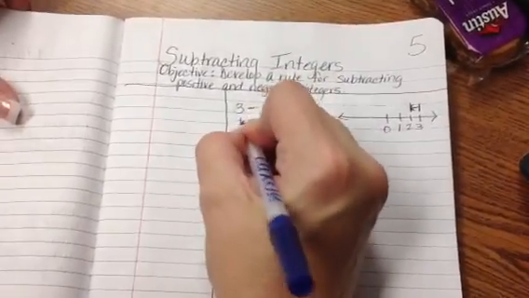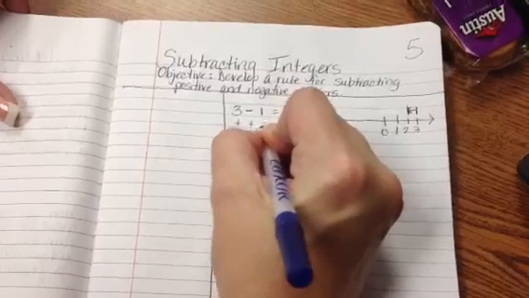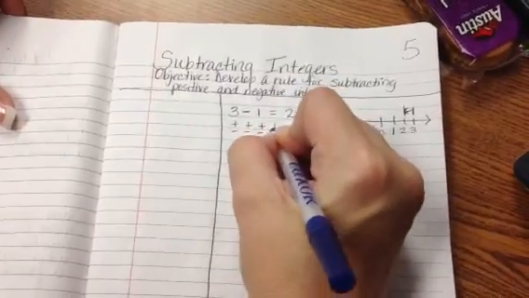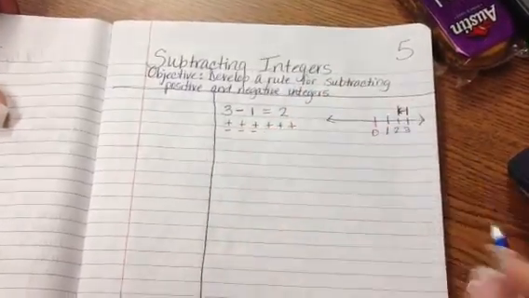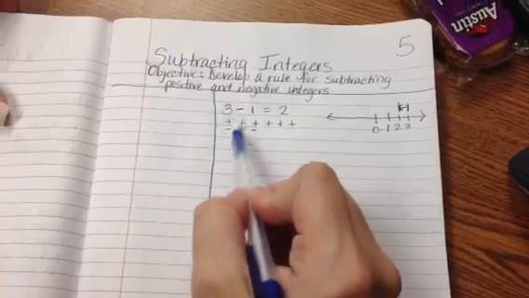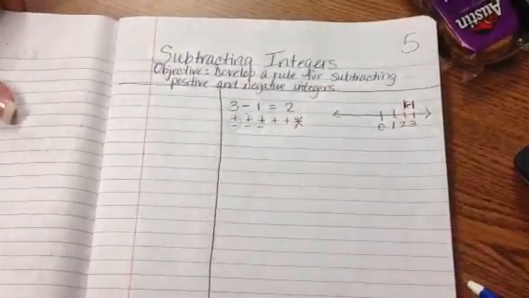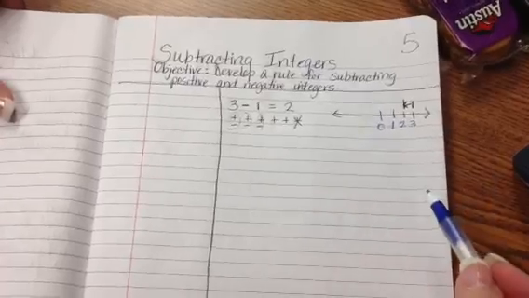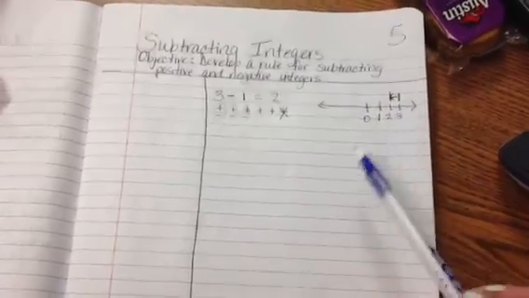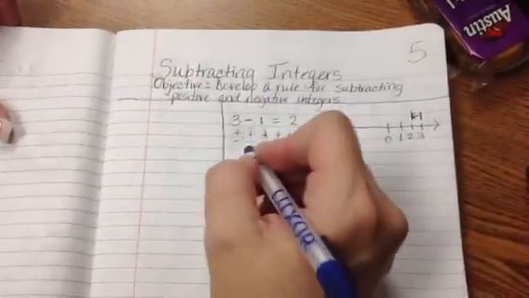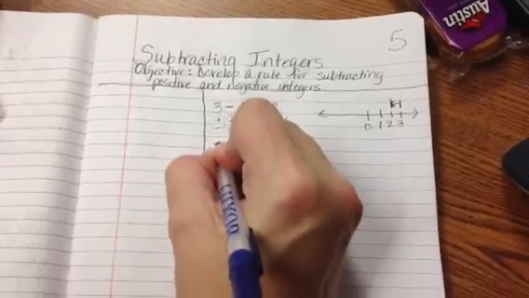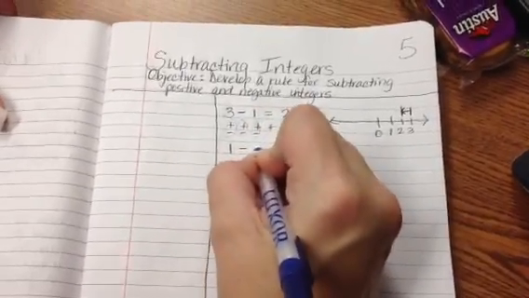And if we were using our integer jail, so we're going to start with 3, because these are zeros. Here's our 3, and we're going to remove a positive 1, and that leaves us positive 2. Again, where did we move on the number line? What happened?